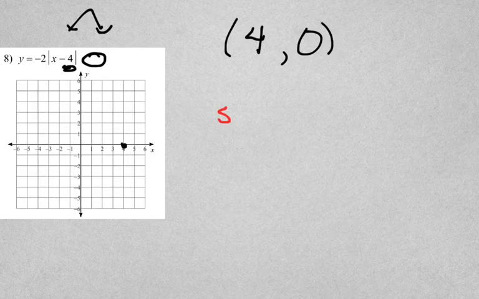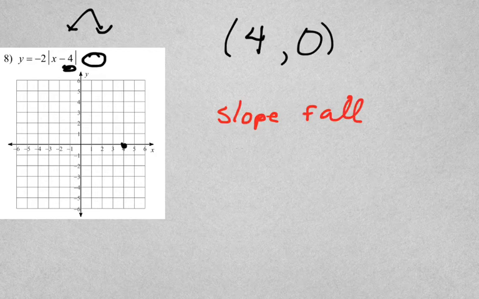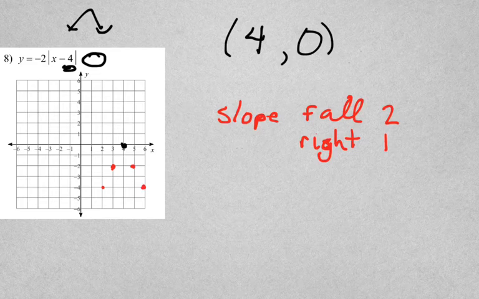And then our slope is this time going to fall 2, go right 1. So you fall 2, go right 1, fall 2, go right 1, and mirror it on the left. And draw your arrows at the end.